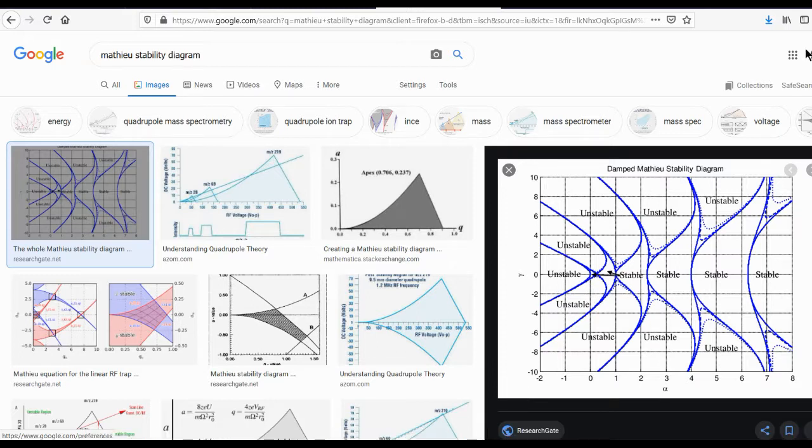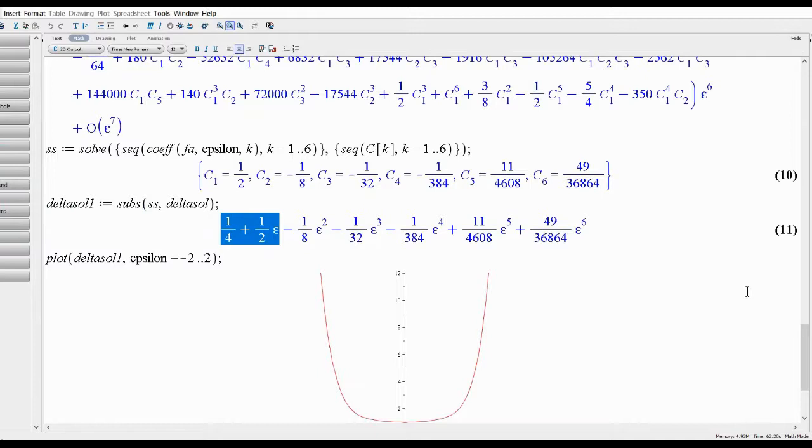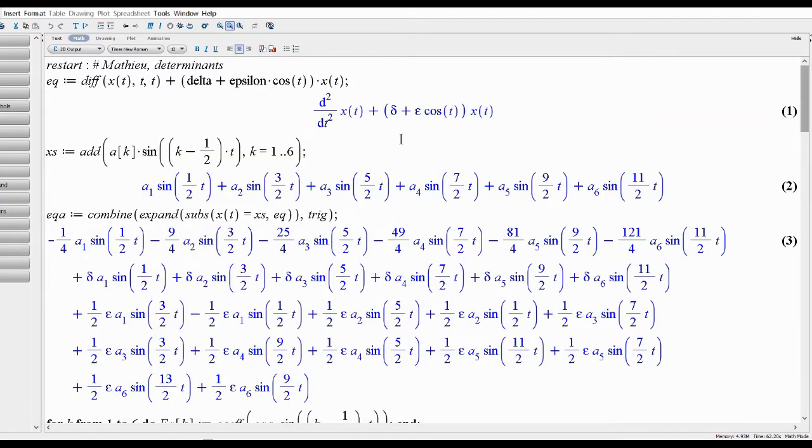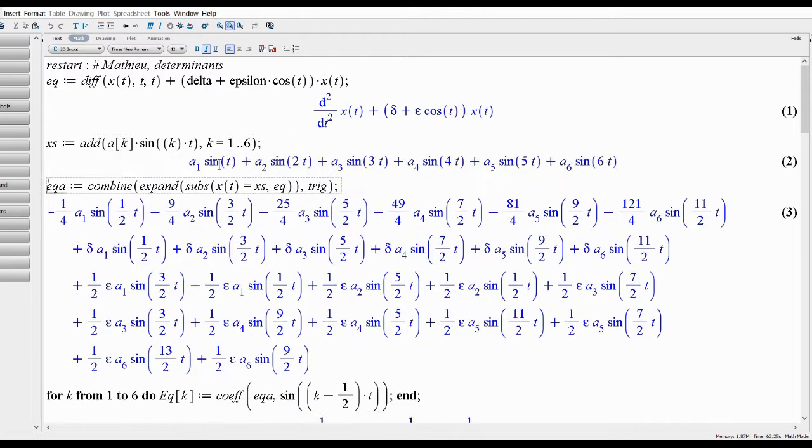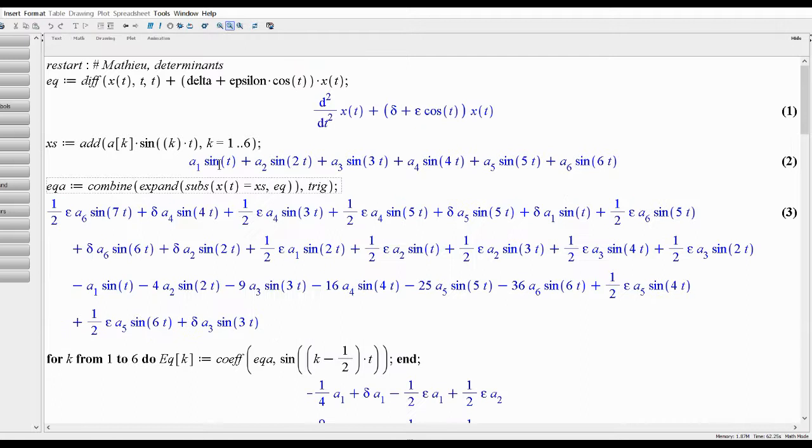Okay, and now finally let us go and do integer sine.